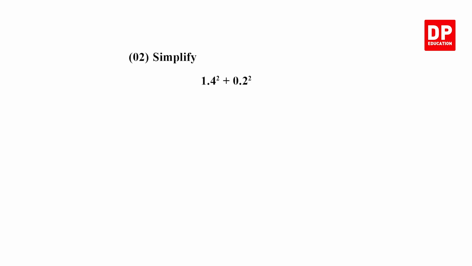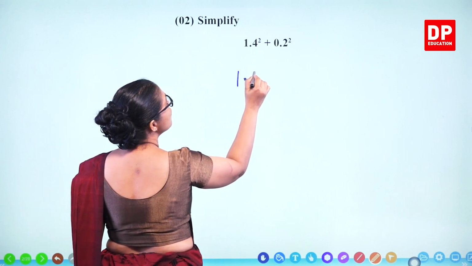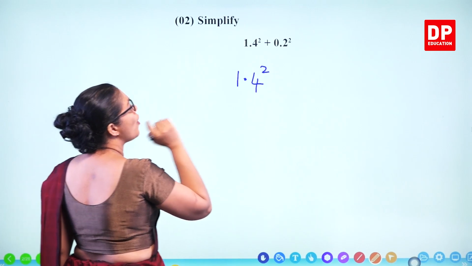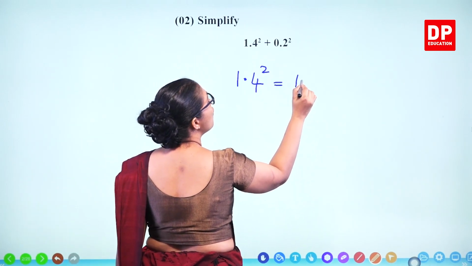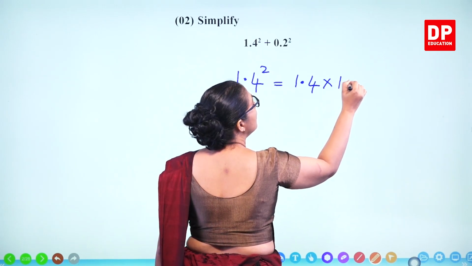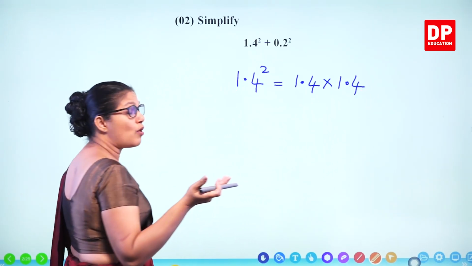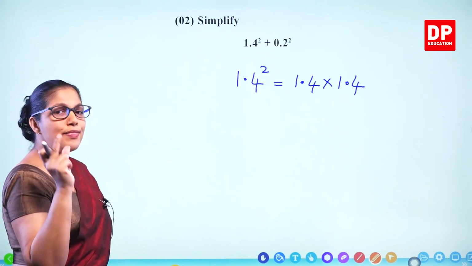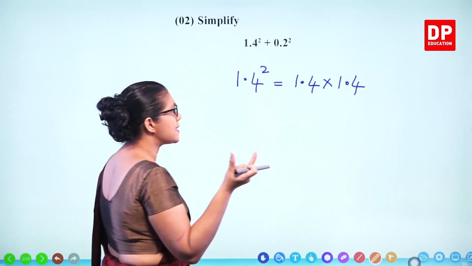Question number 2, simplify. You get decimals with 2 decimal places and a square term, so you have to do them separately. What does 1.4 squared mean? 1.4 into 1.4. Without considering decimals, first multiply 14 times 14 and then consider the 2 decimal places.